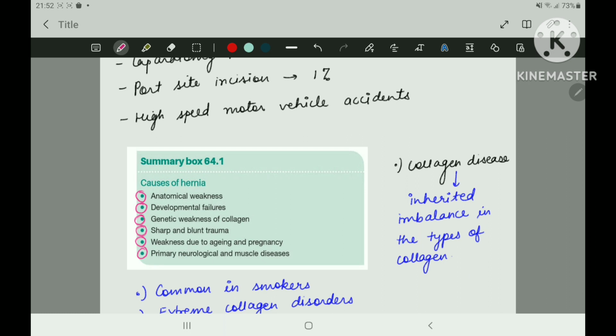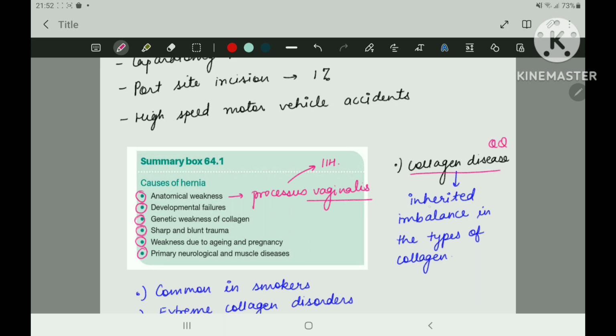The anatomical weakness mainly described in literature is the processus vaginalis, which is responsible for indirect inguinal hernia.